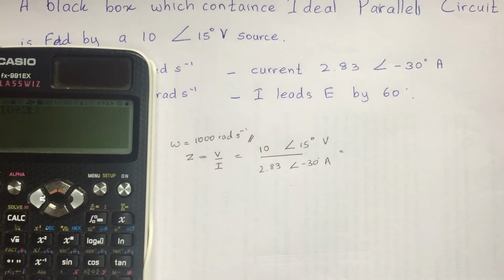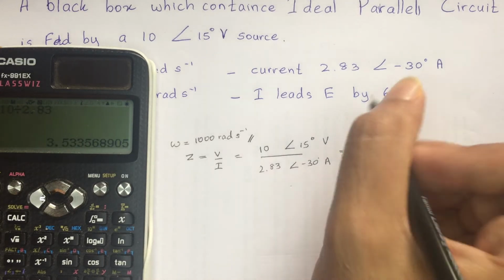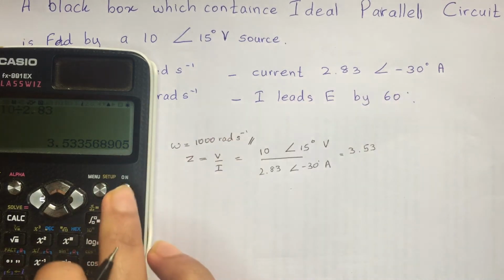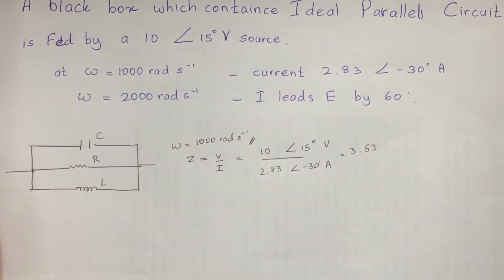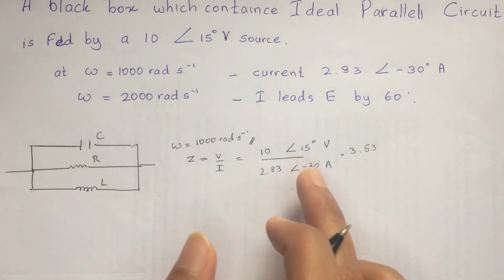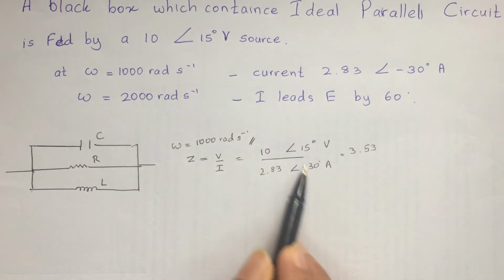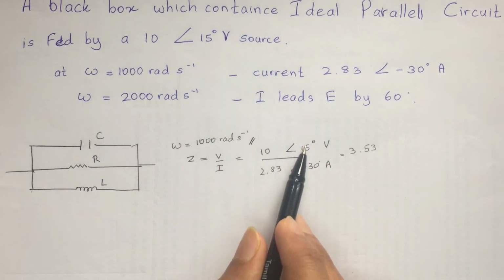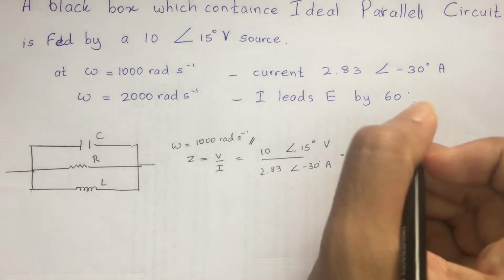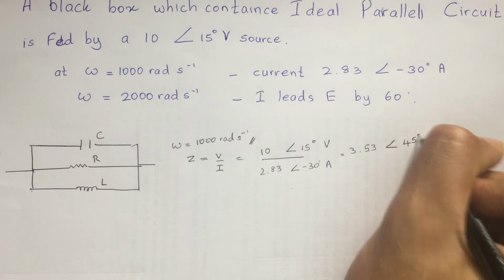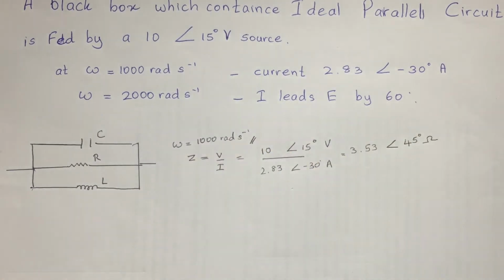So 10 divided by 2.83 would be 3.534. So I'm going to stop with 3.53, and the angle would be 15 minus this angle. We need to deduct this angle from this one. So 15 minus minus 30 will return 45. So this is the impedance in ohms.